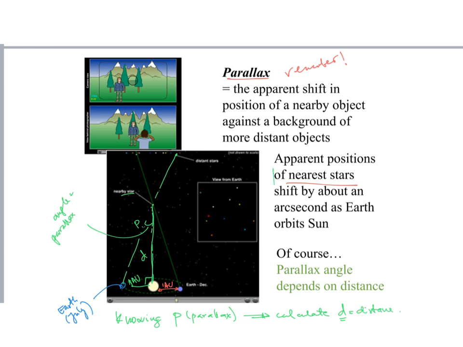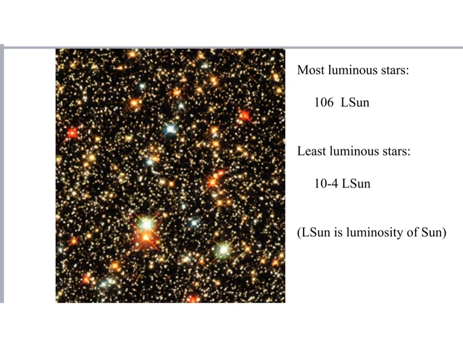But again, that's true of the nearest stars. If the stars are far away, P is very, very small, so it's hard to measure. Yes, we can get distances by measuring parallaxes for the nearby stars, which works.